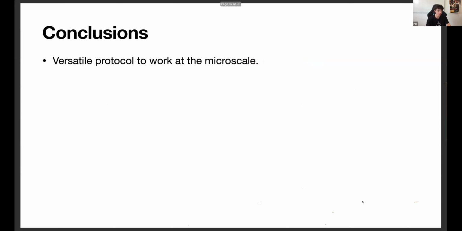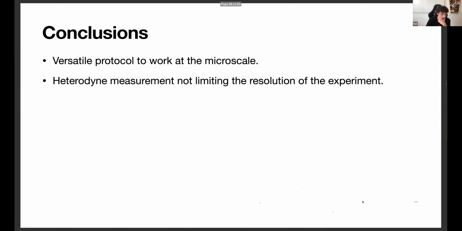And with that, I finish. Let me conclude very fast. So I presented a versatile protocol, in the sense that I can choose what interactions I want to detect, that works at the microscale. And recall that this is only true for liquid state NMR.